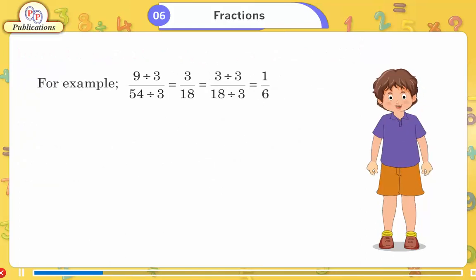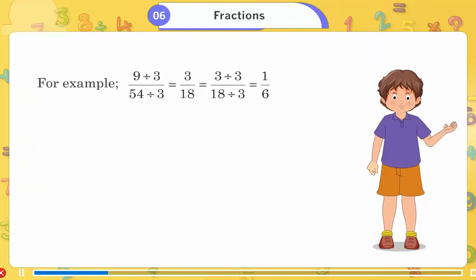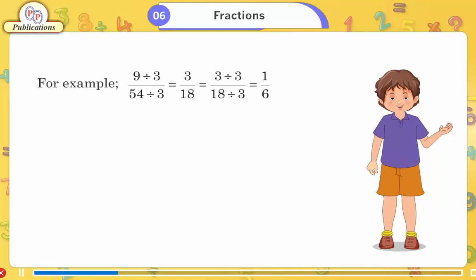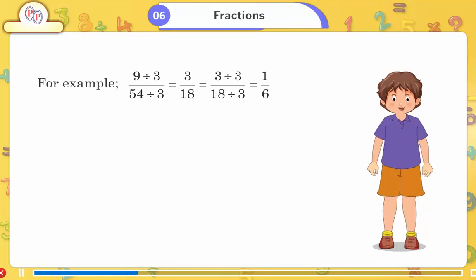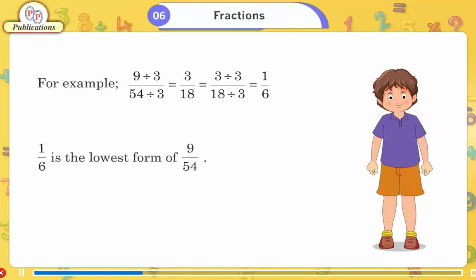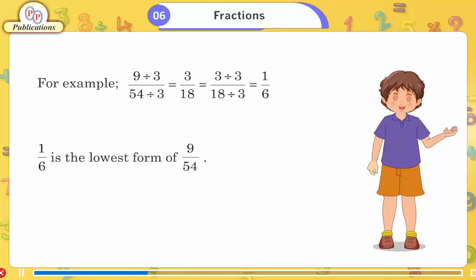For example, (9 ÷ 3)/(54 ÷ 3) is equal to 3/18, which is equal to (3 ÷ 3)/(18 ÷ 3), which is equal to 1/6. 1/6 is the lowest form of 9/54.